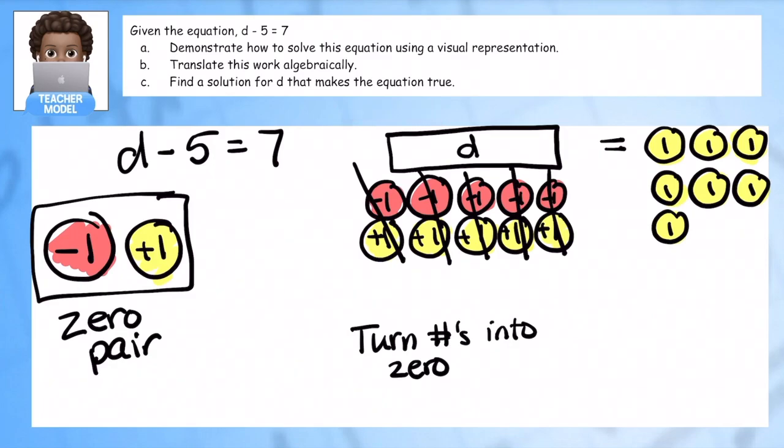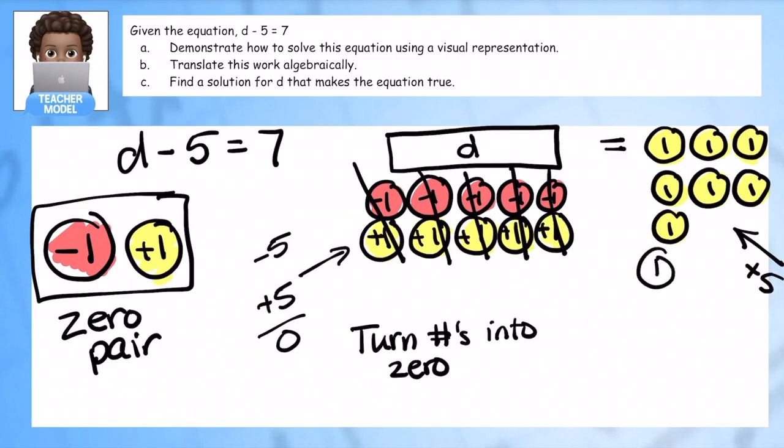See how I isolated the variable d? I had a number here, and I got rid of it by creating 0, by adding its opposite. Here's the thing about equations. Whatever you do to one expression, you have to do to the other expression. So over here, I added 5 to my -5s. That's how I made a 0. I'm going to do the same thing here. I have 7, but I need to add 5 to this. So 1, 2, 3, 4, 5.